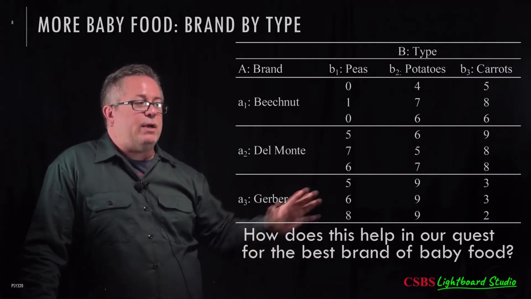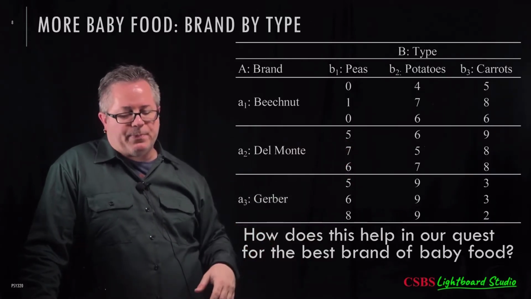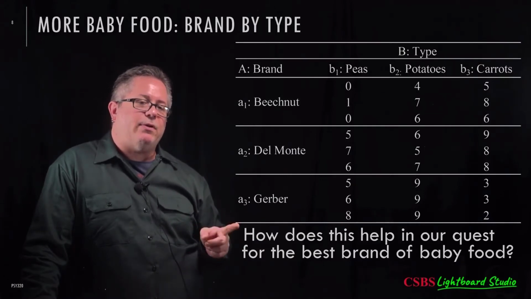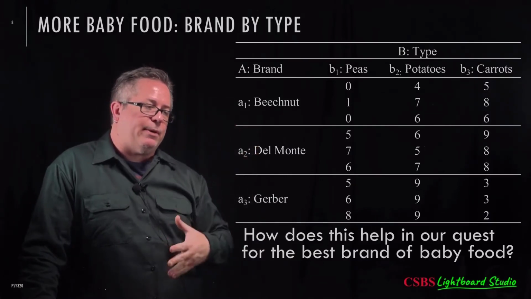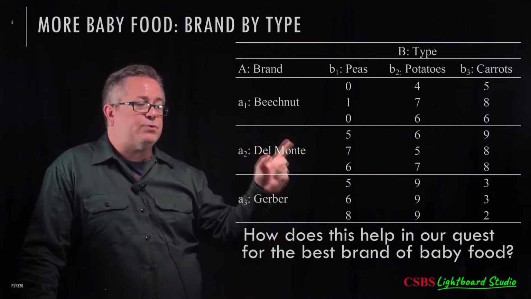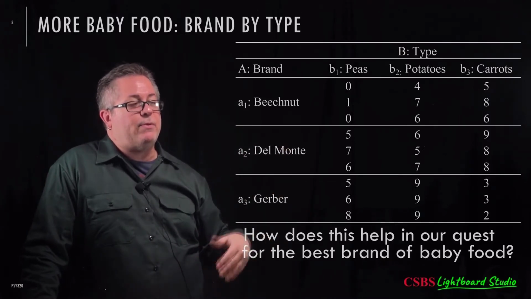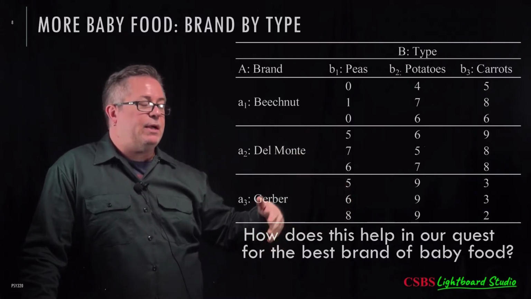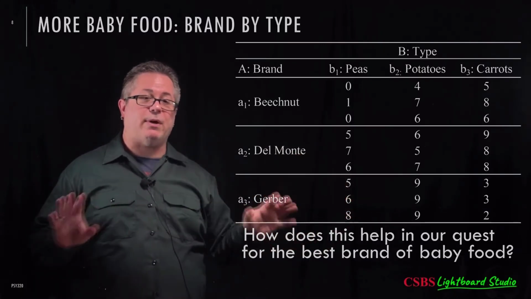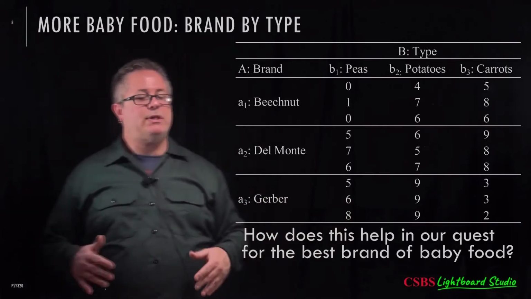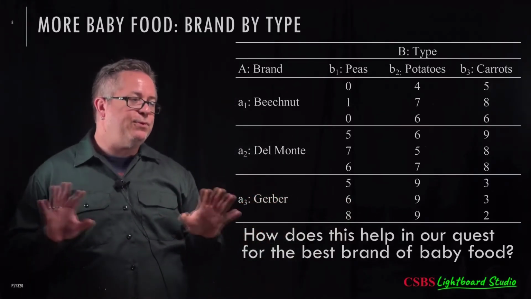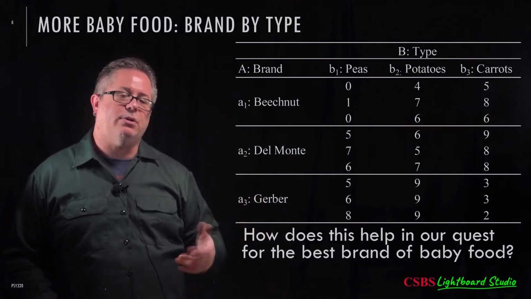Now, the other way, which is not reflected in the data set, is that this may help us to generalize. The first time we found that Gerber was better than Beechnut. Okay, awesome. But that was just for strained peas. Now we could have done this and maybe found out that Gerber was better than Beechnut at potatoes and carrots too, and that pattern is the same, meaning there's no interaction. The difference between the brands does not matter. It doesn't matter what type of food you're feeding the babies.